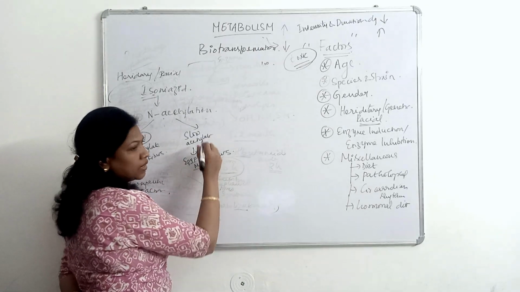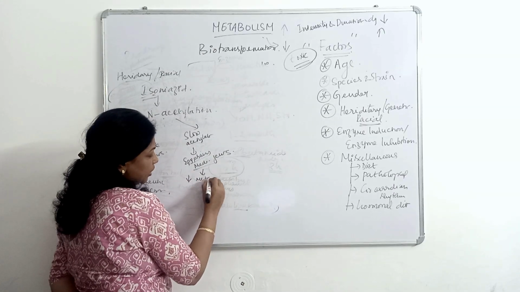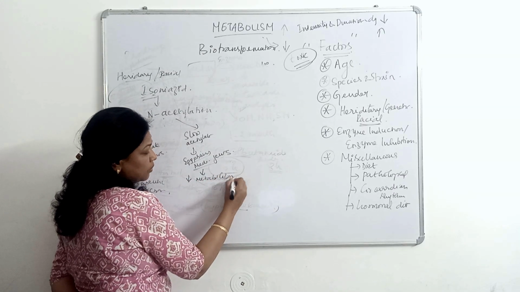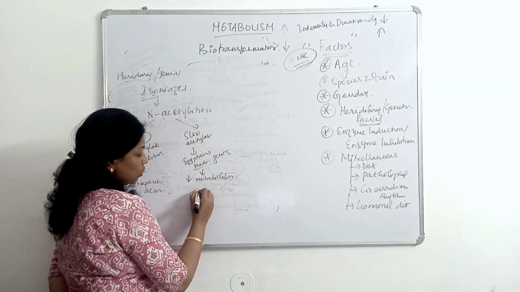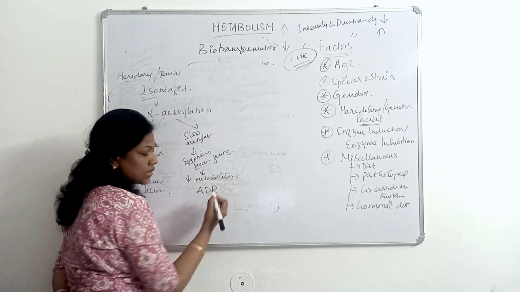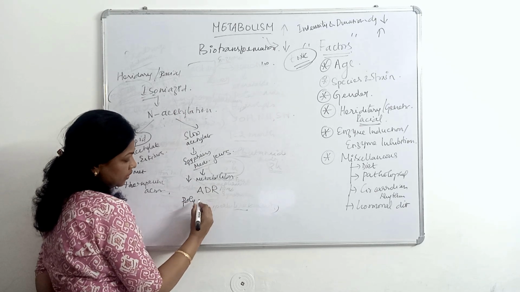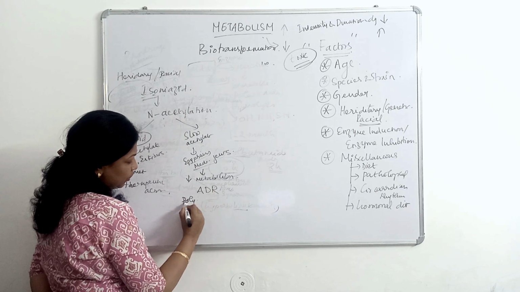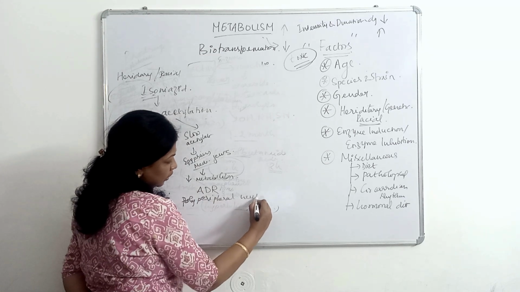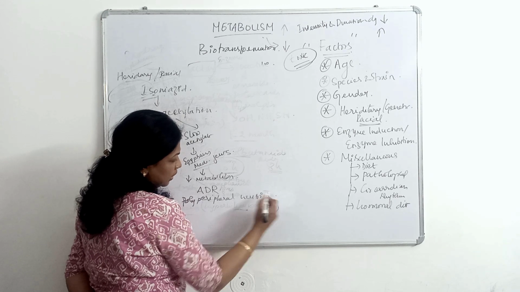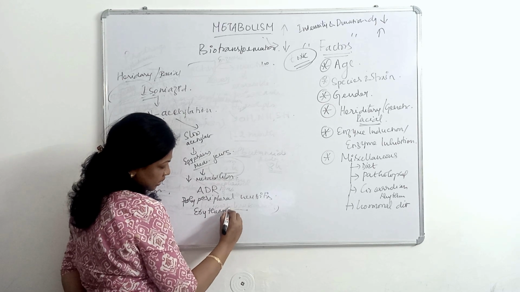Whereas Egyptians and Mediterraneans, who are slow acetylators, have reduced metabolism of drugs. Reduced metabolism leads to accumulation of more and more isoniazid and causes many ADRs, that is, adverse drug reactions. One such is peripheral neuritis, and another is lupus erythematosus.